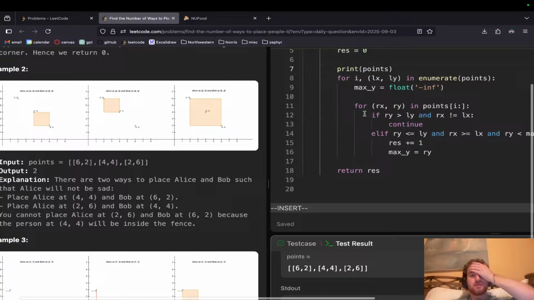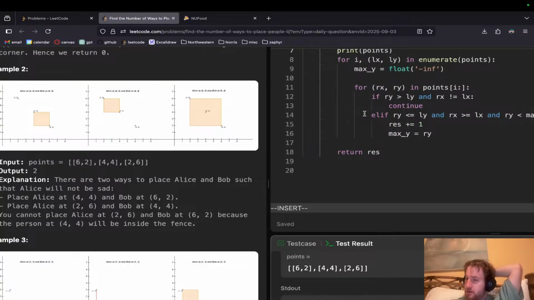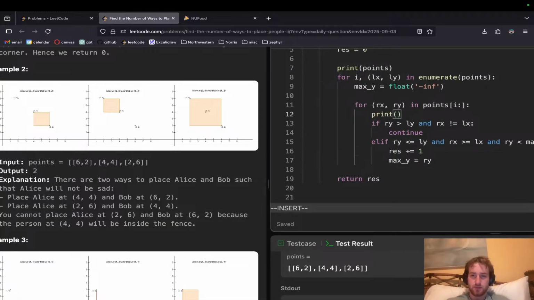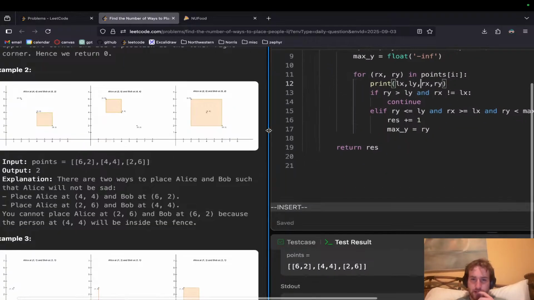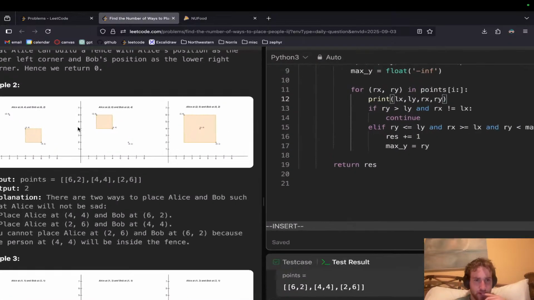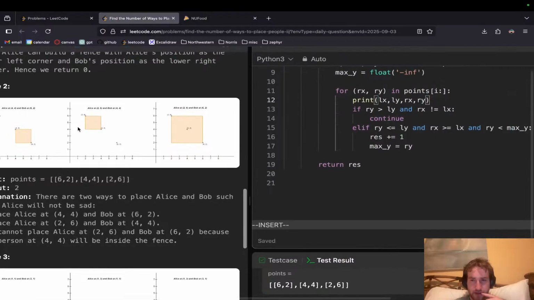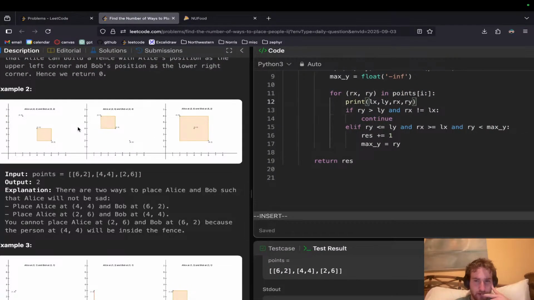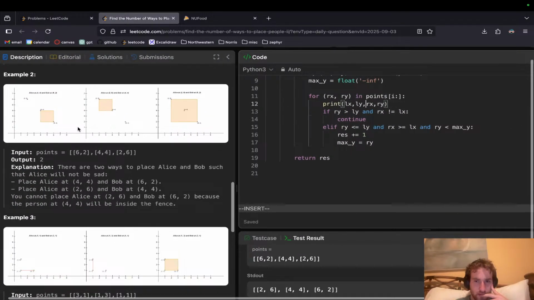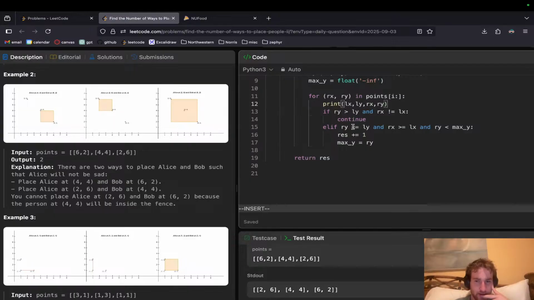Because at 2, 6, our next one, like our 2, 6 should then be going to 4, 4, which should be valid because our ry is less than this, so we're not going to continue.